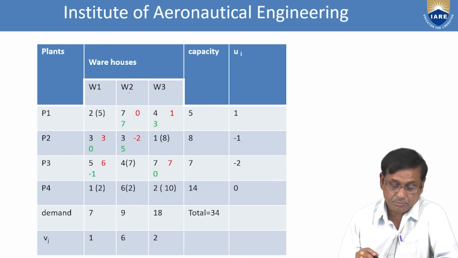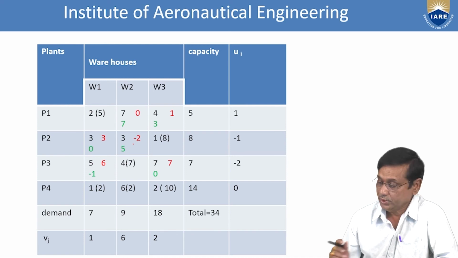The red numbers indicate the Cij minus (Ui plus Vj) values. Now here the most negative value is -2. That means we have to transfer the units to this cell in order to optimize the solution.